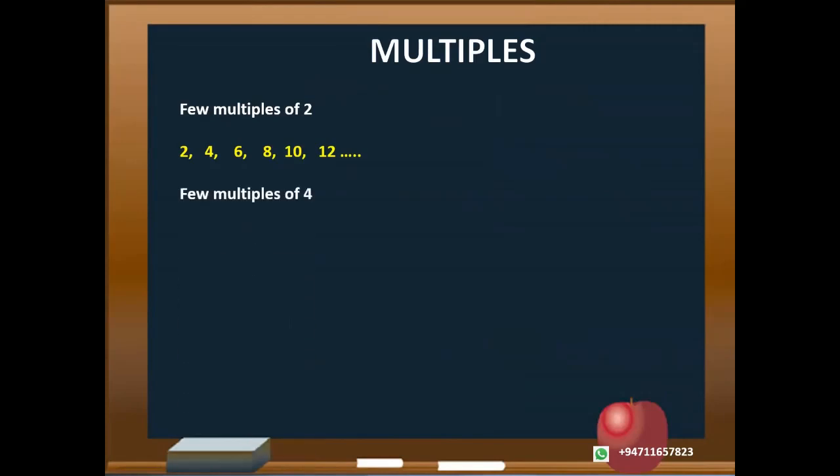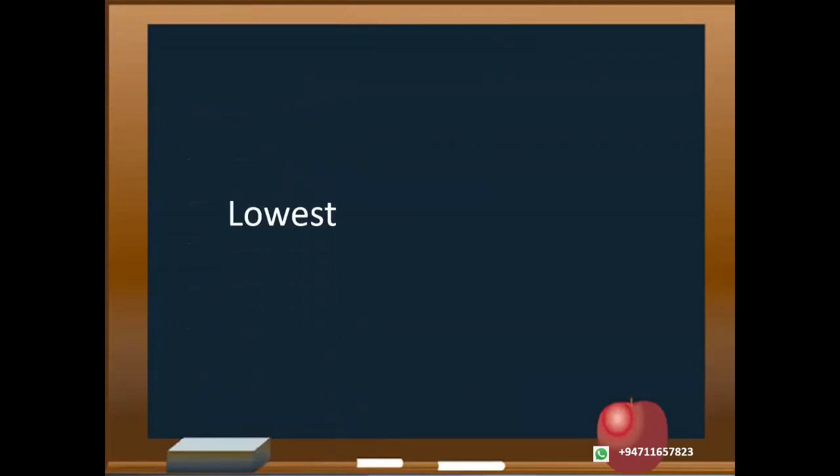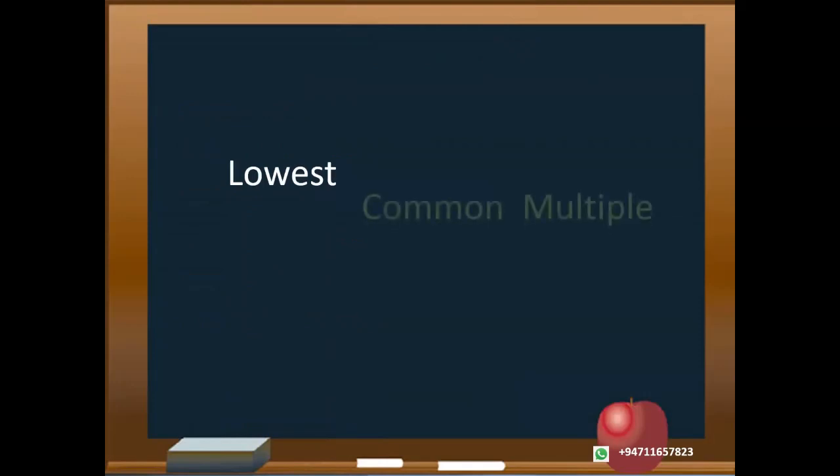The few multiples of 4 are 4, 8, 12, 16, 20, 24, and so on. Few multiples of 6 are 6, 12, 18, 24, 30, 36, and so on. So that is what multiples are.